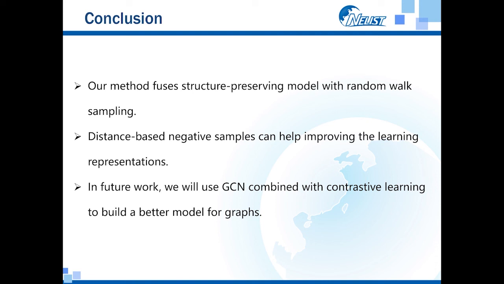Second, the experiment results demonstrate that the distance-based negative samples can help improve the learning representations. In future work, we will use GCN combined with continual learning to build a better model for graphs.